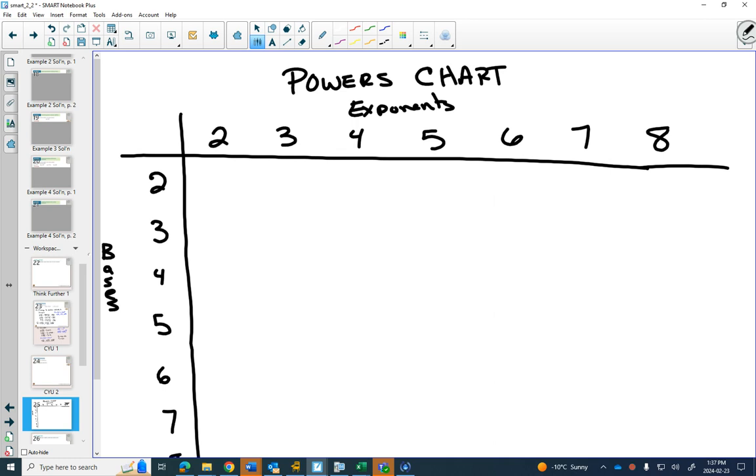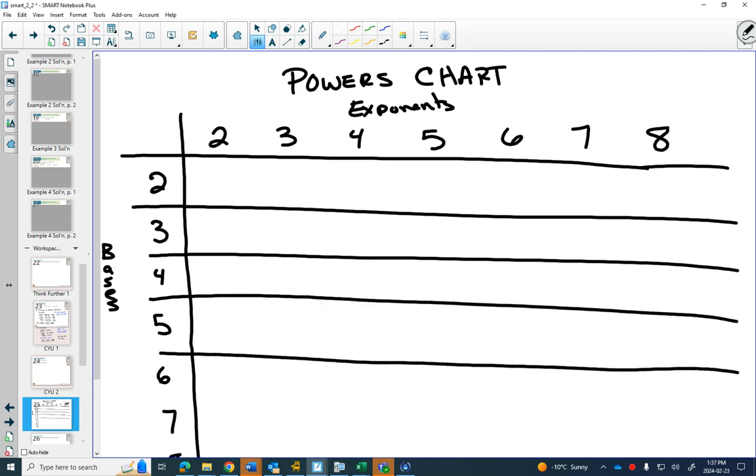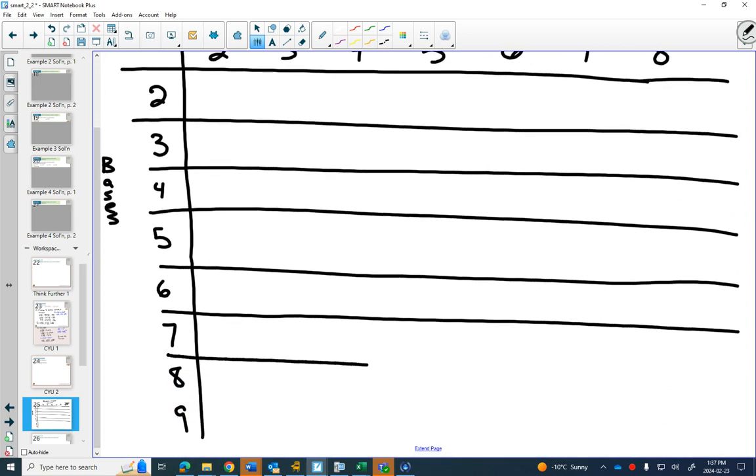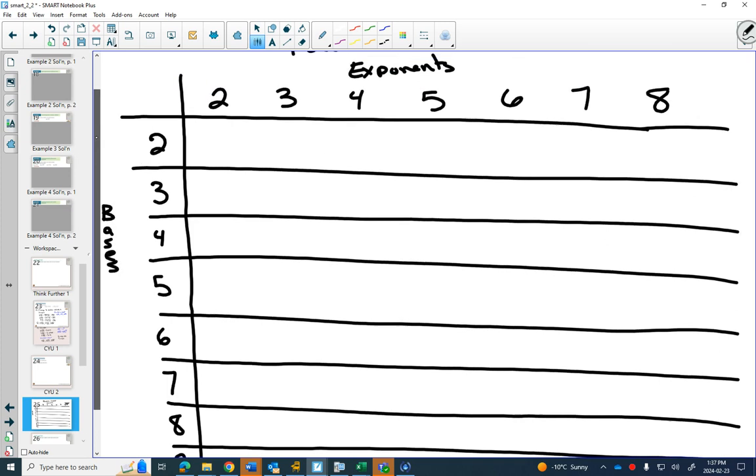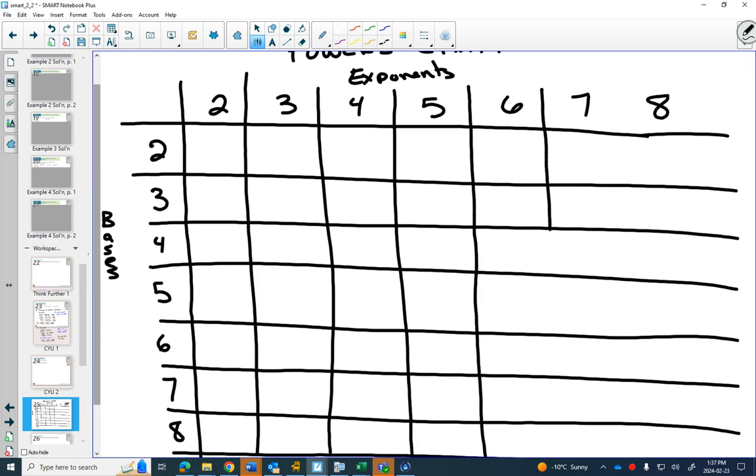So hopefully you can make it tiny enough across the top that you can fit those numbers. We're not going to fill in all of these boxes.